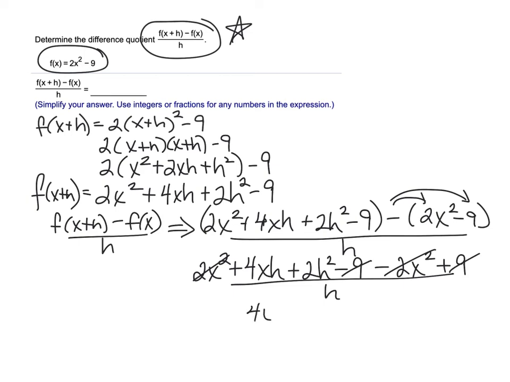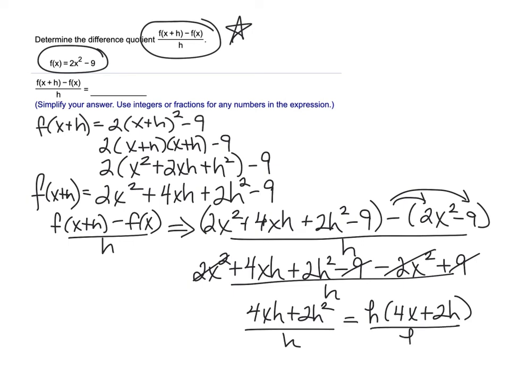We are left with 4xh plus 2h squared, over h. Last and final step, the h's should cross out. If you were to factor out an h in the top, those cross out. Your final answer: 4x plus 2h.